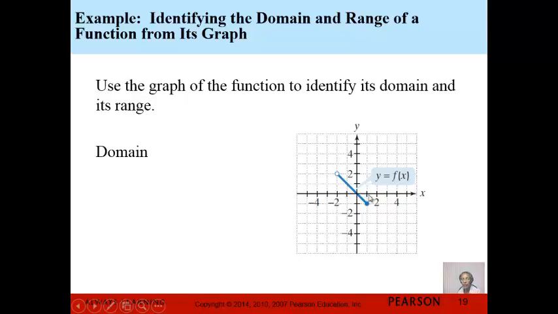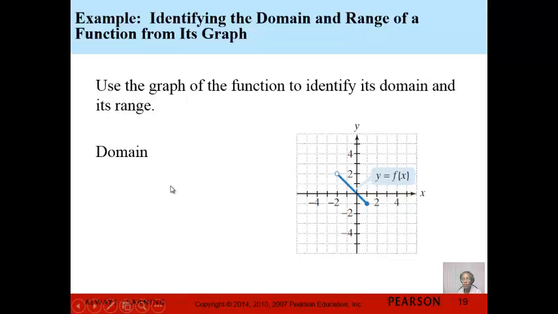Then let's go to the rightmost point on the graph where x is 1. So 1 is the largest point on the graph. The x equal 1 is the largest x value that corresponds to a point on the graph. All other x's are smaller than 1 but bigger than negative 2.